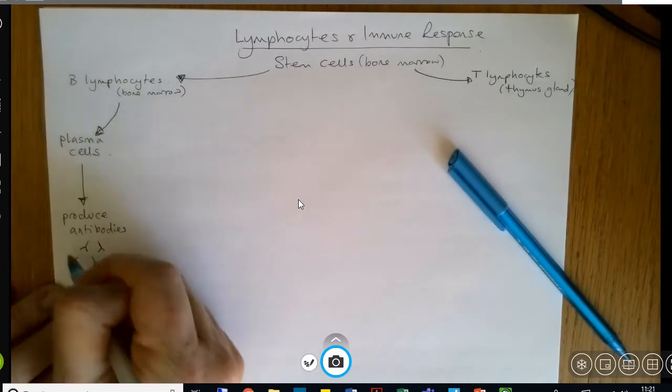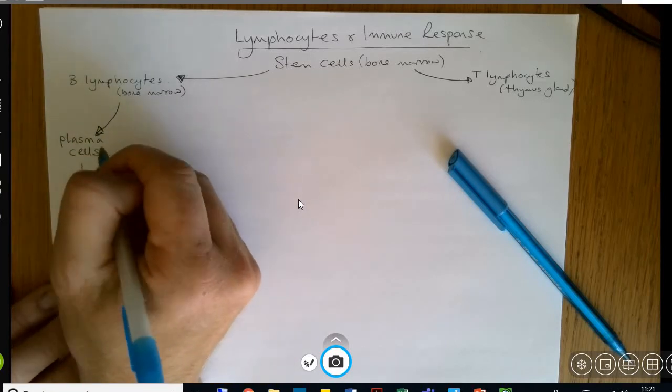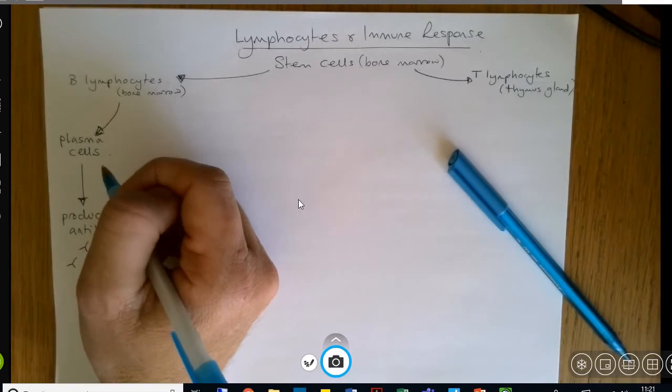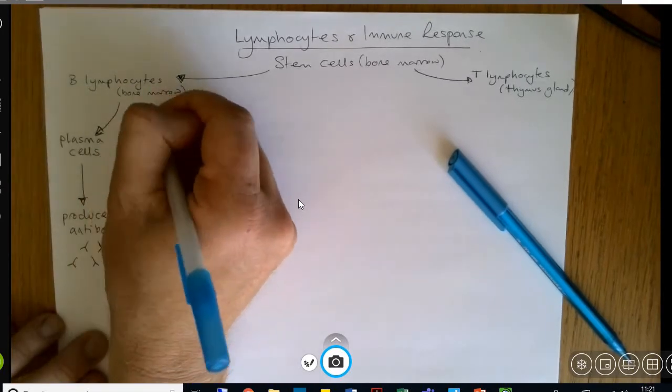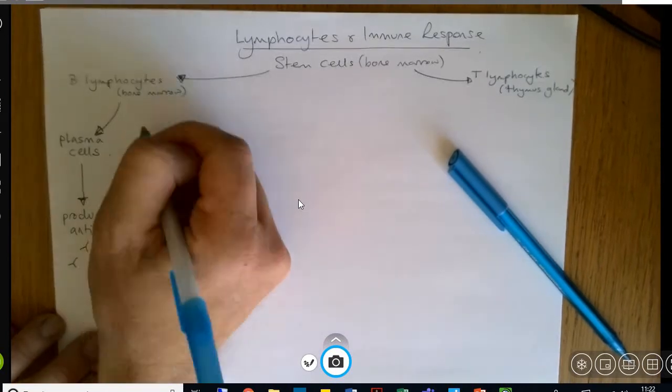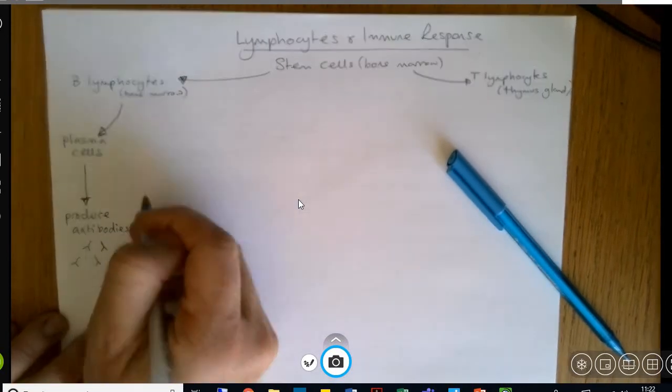So this is part of that immune response. As well as that, some of these B lymphocytes will mature into other things, so they don't just become normal plasma cells that produce antibodies.